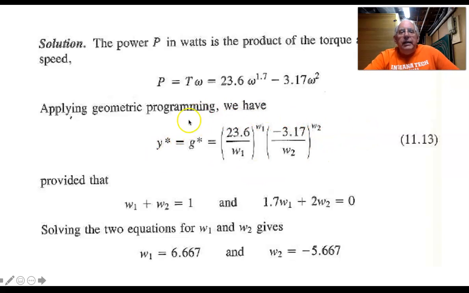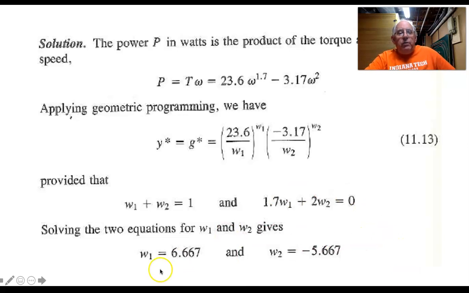And putting it in this particular fashion, we saw before that the w's have to add up to be equal to 1, and the power times the w1, the power times the w2, have to add up to be equal to 0. So those are our two algebraic equations in terms of w1 and w2 that we could very quickly, very easily solve.